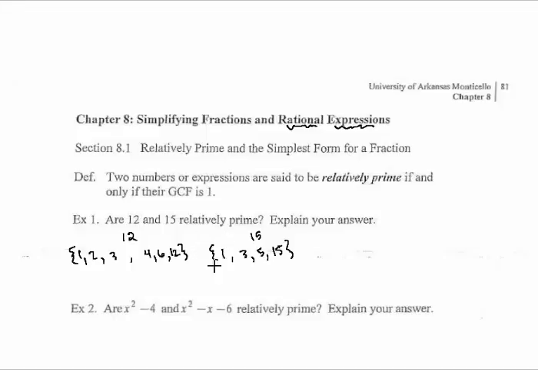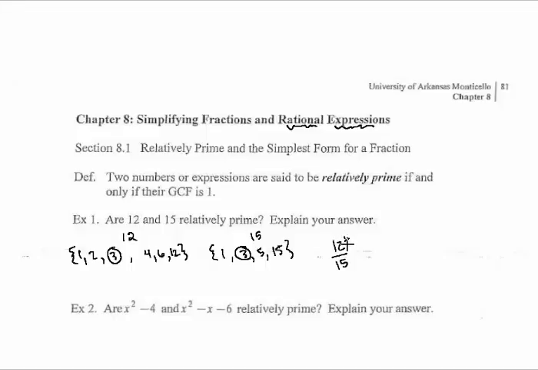So if we compare the factors of two numbers, and they have a common divisor that's bigger than 1, for instance 3 for 12 and 15, then they're not relatively prime. Why that's important is because if we were to have a fraction 12 over 15, then we could simplify that fraction, which is the whole point of chapter 8.